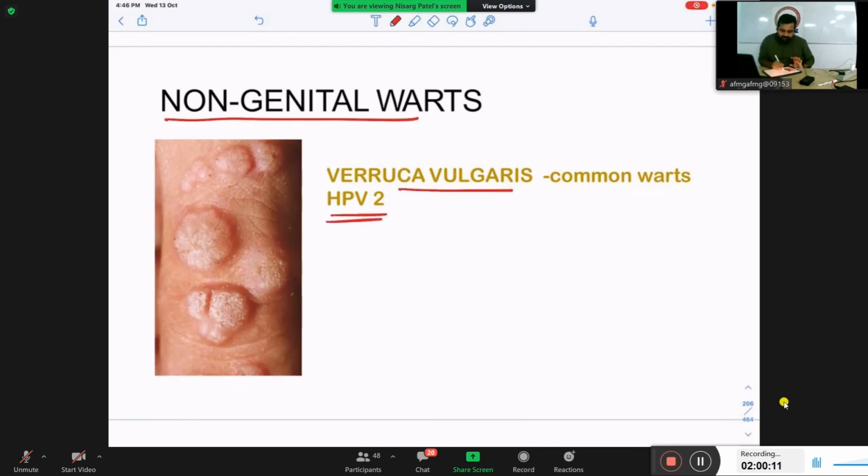Verruca vulgaris is caused by human papilloma virus type 2. This is on the upper surface. It is human papillomavirus type 2.